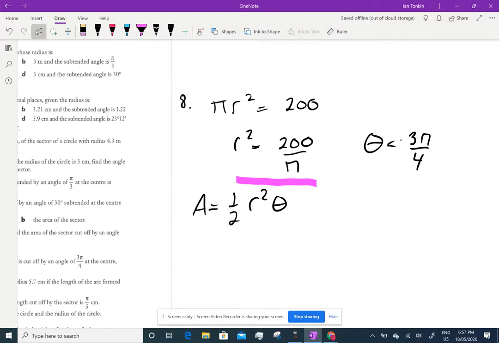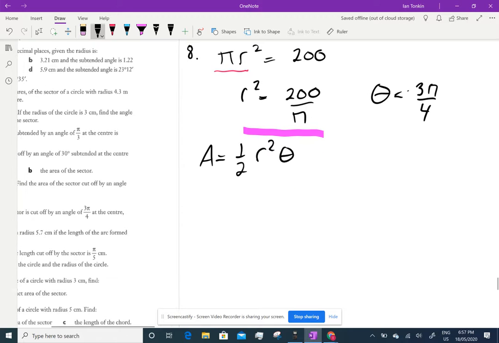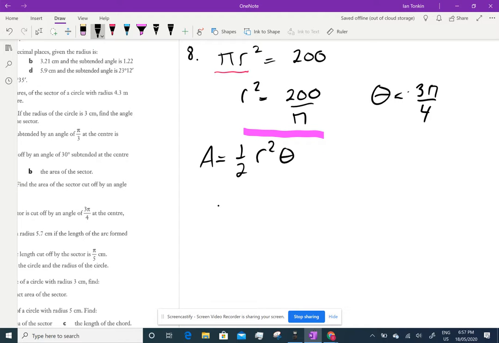All right. And by the way, you should know that that is a formula for the area of the circle. If you don't know that, well, then I'm a bit worried. So, area equals a half, well, r squared is up here, 200 on pi, and the angle is 3 pi on 4.